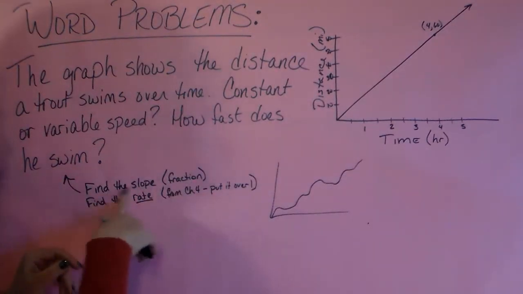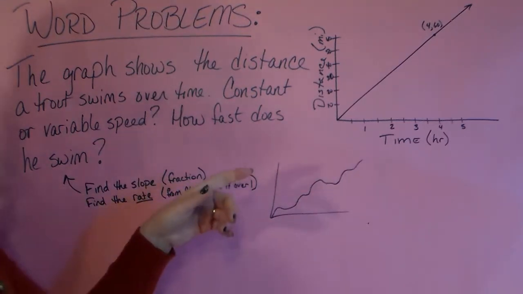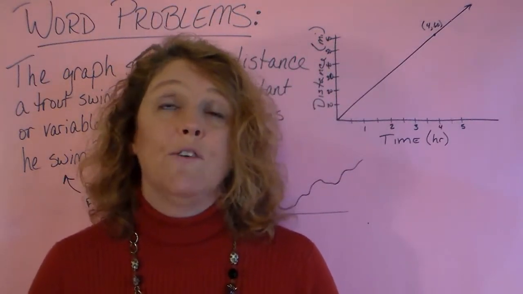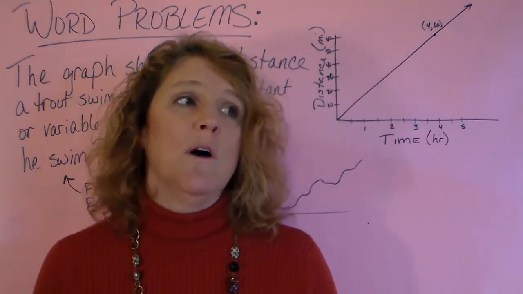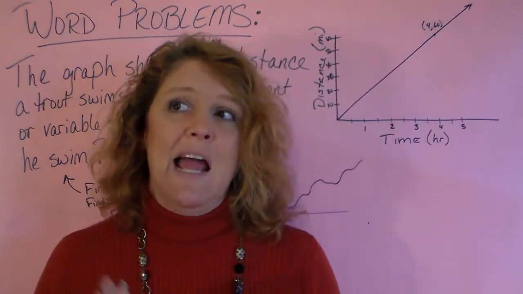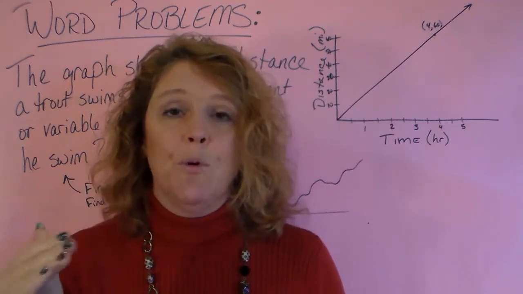You're going to find the slope in a fraction form, and you're going to find the rate. Now, if you remember, if I can eat 12 cookies in 3 minutes, you want to find my rate of cookie consumption. You want to be able to say how many cookies she can eat per minute. So you have to put it over 1.